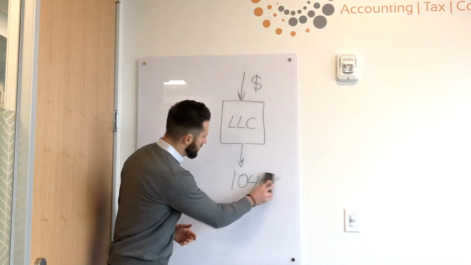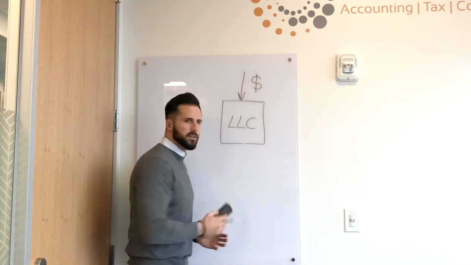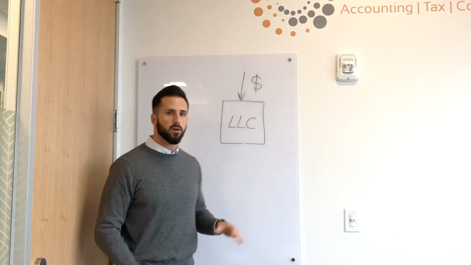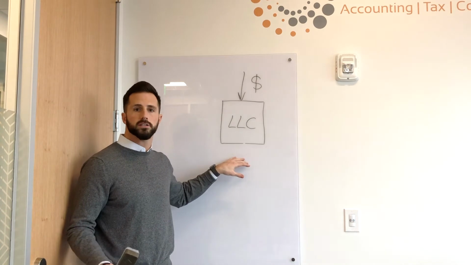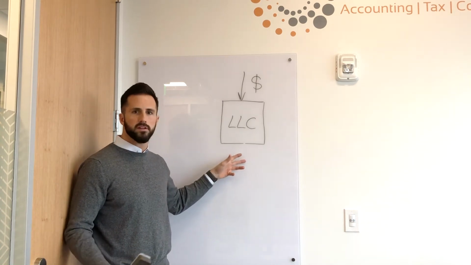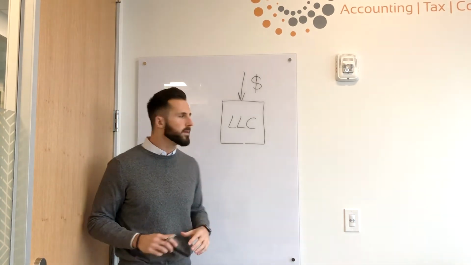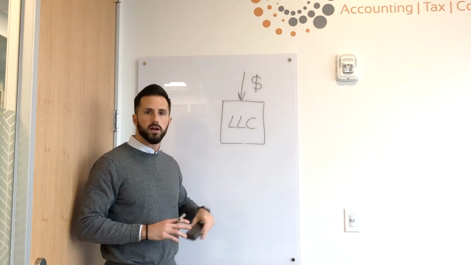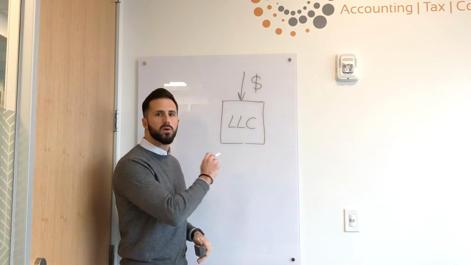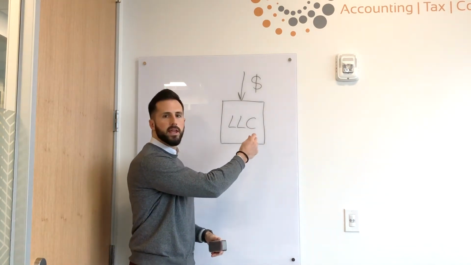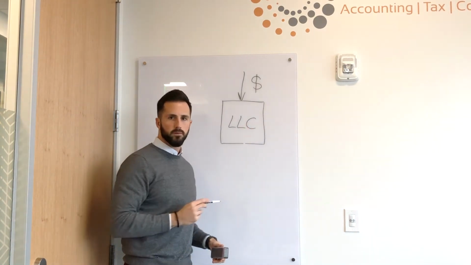Now, if you're a partner, there's an additional step involved. So let's say you have 3 people that are involved in the partnership. Once again, you have an LLC to set up and establish the business. Well, it's still going to be a pass-through entity, meaning that there's no additional taxes that you're going to be paying at the LLC level.